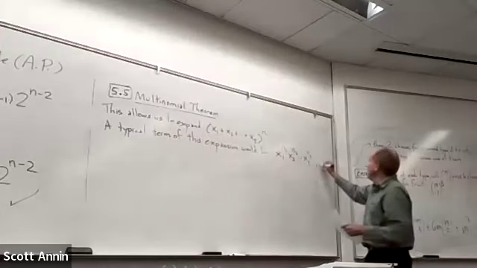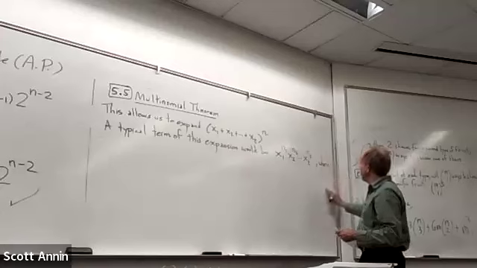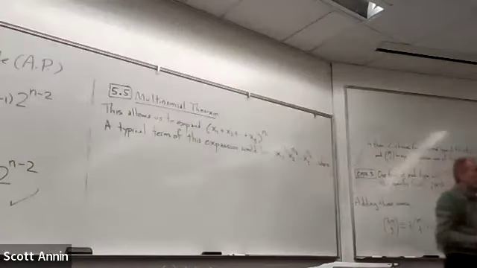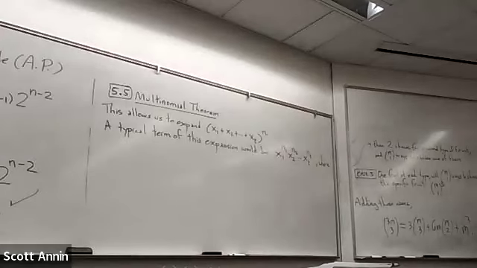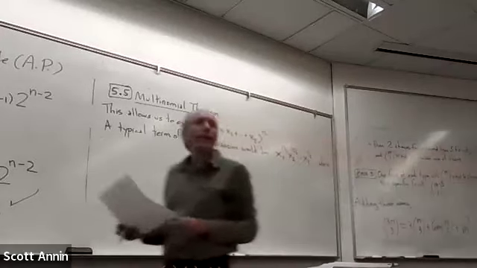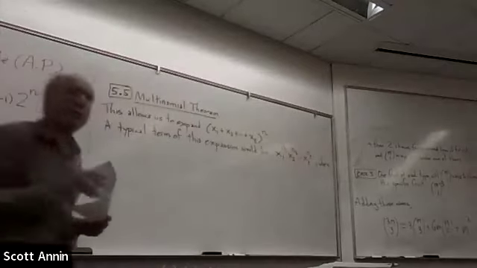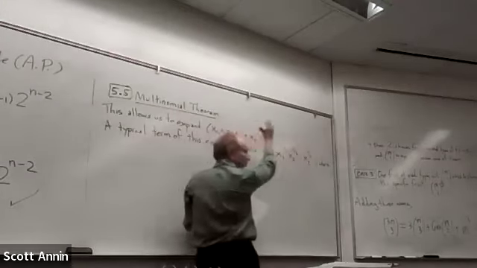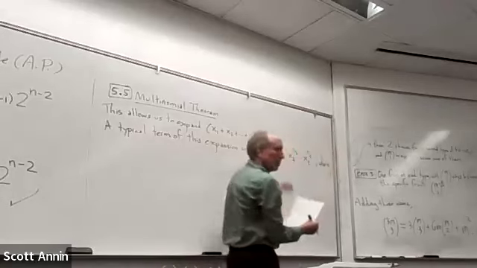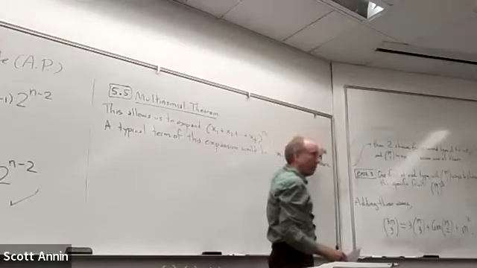And does anybody want to suggest what would be the constraints on those exponents? If I'm thinking about just a particular term of the expansion of this whole thing? Yeah. Gotcha. Would they add up to n? Yeah, they'd have to add up to n. Is that what you were going to say? Yeah, absolutely, because you imagine you have n of these sitting side by side, and you're going to grab exactly one term from each factor.